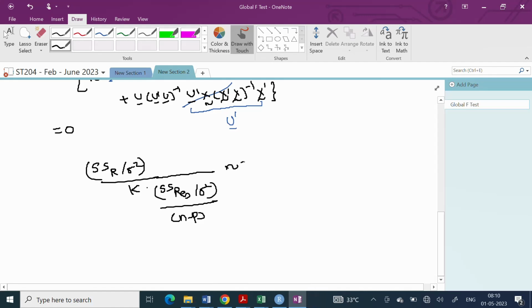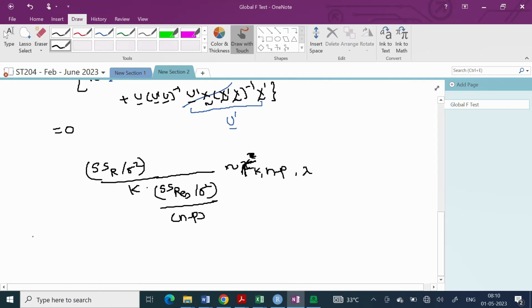This follows F with k comma n minus p degrees of freedom, and lambda, because we have a ratio of chi-squares now. So F with k comma n minus p degrees of freedom, and lambda as non-centrality parameter.